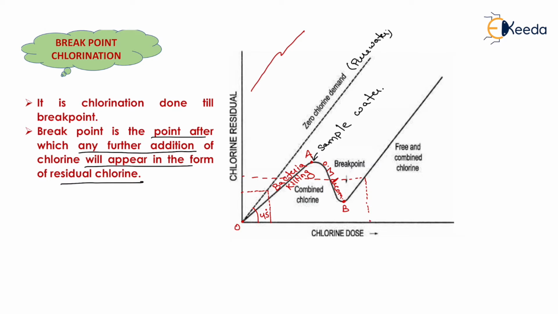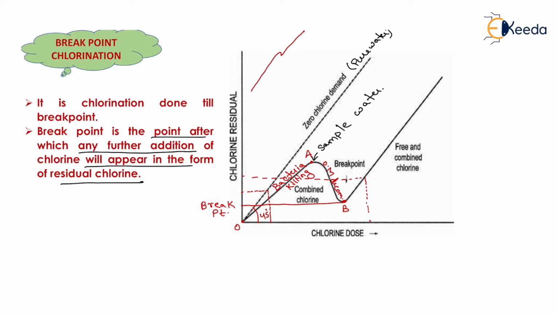Now the point B is known as break point. This point B is known as break point. It is the point after which if we add any chlorine in the water, it will appear in the form of residual chlorine as it is. That is known as breakpoint chlorination.